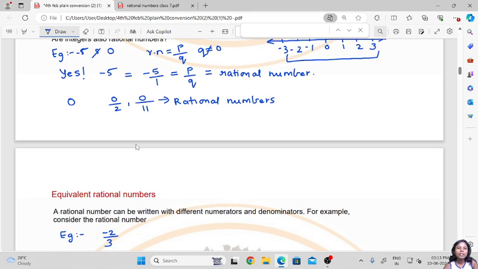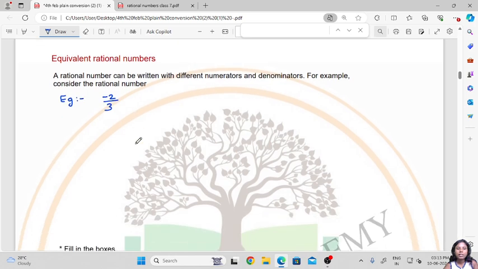Now let's move ahead to the concept of equivalent rational numbers. Now when I say equivalent rational number, a rational number can be written with different numerators and denominators. For example, consider the rational number minus 2 by 3.